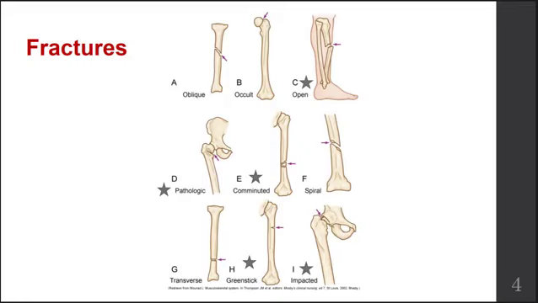If you have a healthy person with healthy bone and they had a fall, their body should be able to withstand that fall, especially if you're falling from a standing position to the ground. The hips should be able to withstand the force and not break. But somebody who's osteoporotic, where their bone integrity is not where it should be, can have a fracture, and this is referred to as a pathological fracture because it's related to the disease osteoporosis.